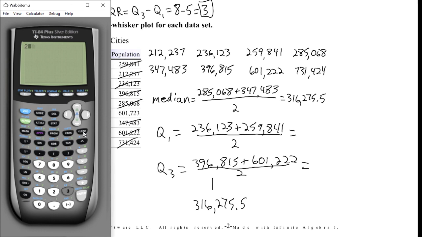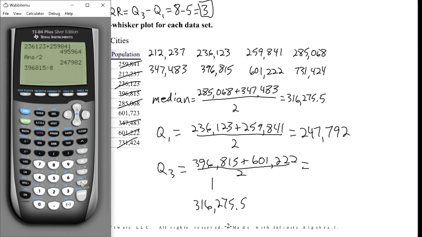So 236,123 plus 259,841. We're going to divide that by 2. And that's going to be 247,792. And the next one is 396,815.